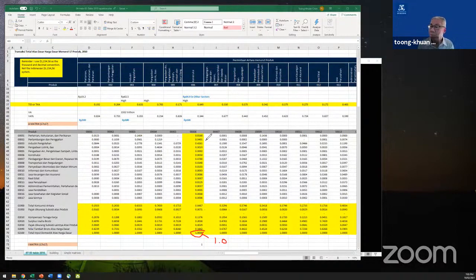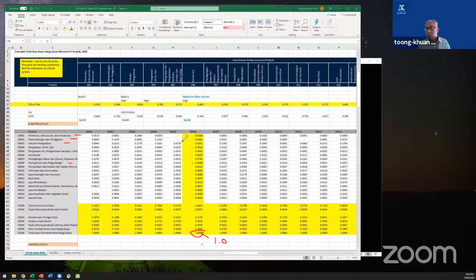So we buy 1.6% from pertanian, we buy 4% from mining, we buy 42% from manufacturing, we buy 3% from transportation. Can you see how that works?